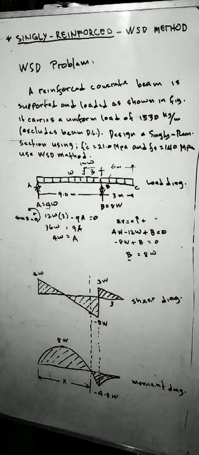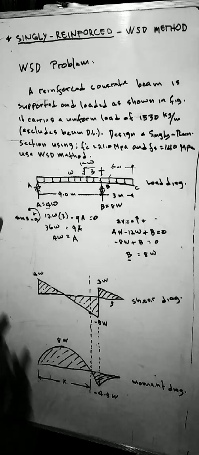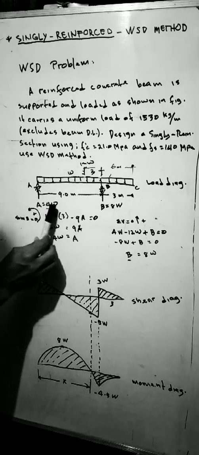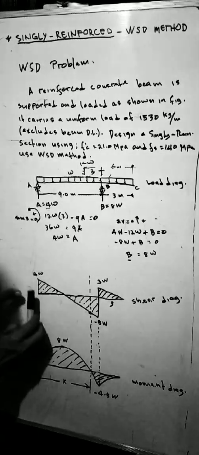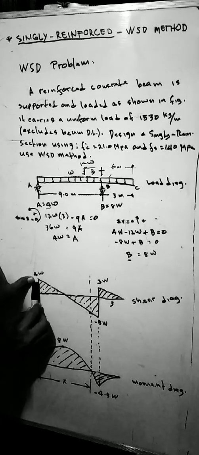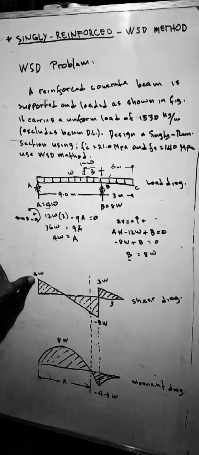Okay. After solving the reactions, we have to draw the shear diagram of the load. A is 4W going up, so this is the magnitude, this 4W.